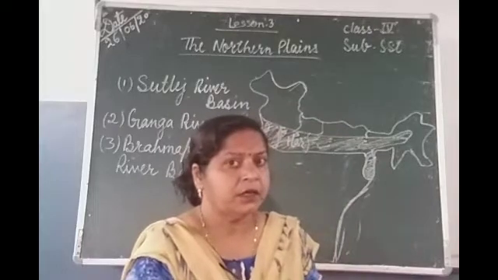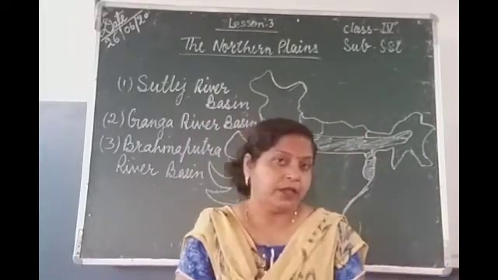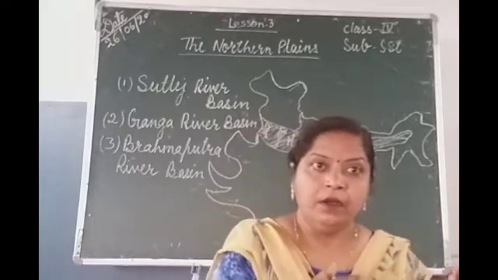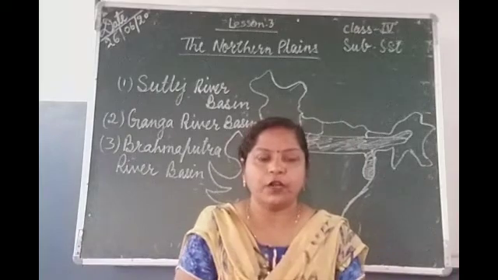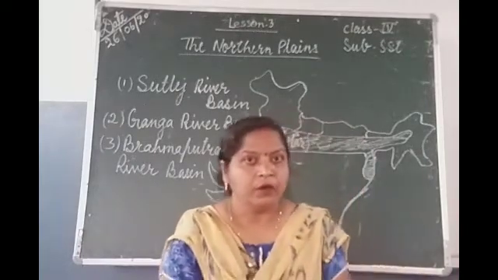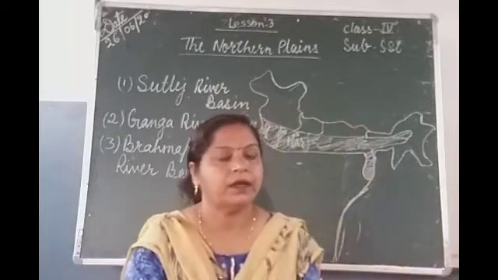This basin does not receive so much rainfall. That's why there is some scarcity of water there. So to help the farmers, the government has made a dam on the Satluj river, that is Bhakra Nangal Dam.